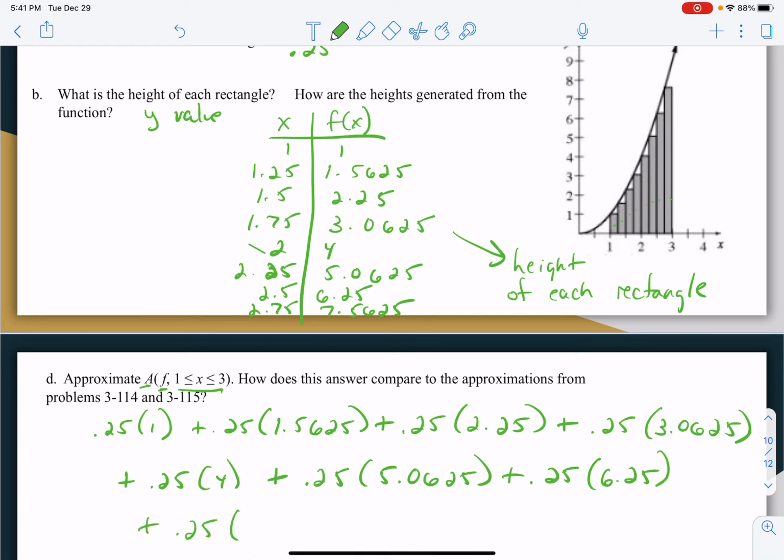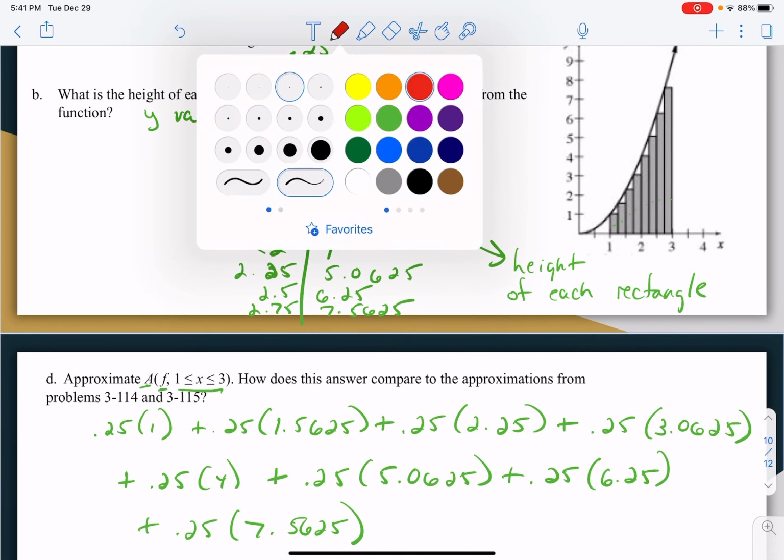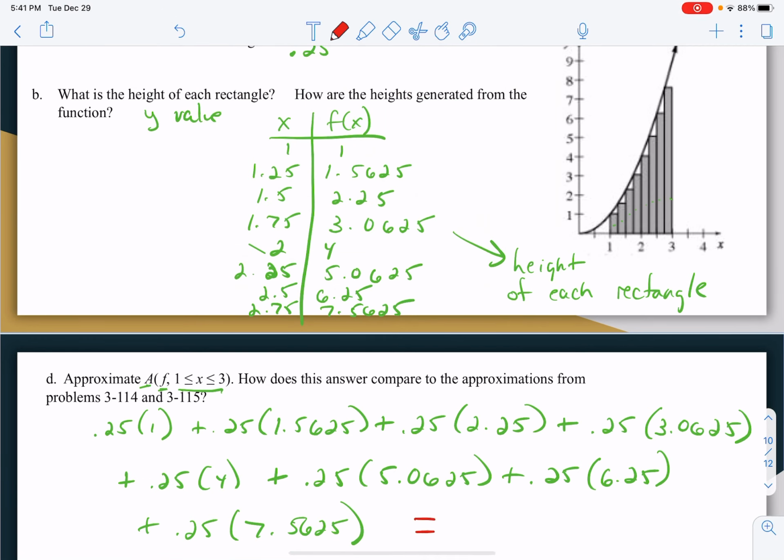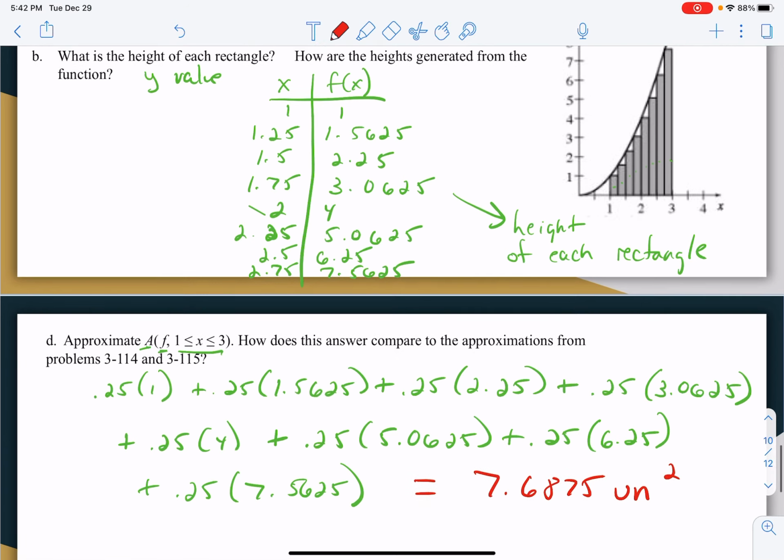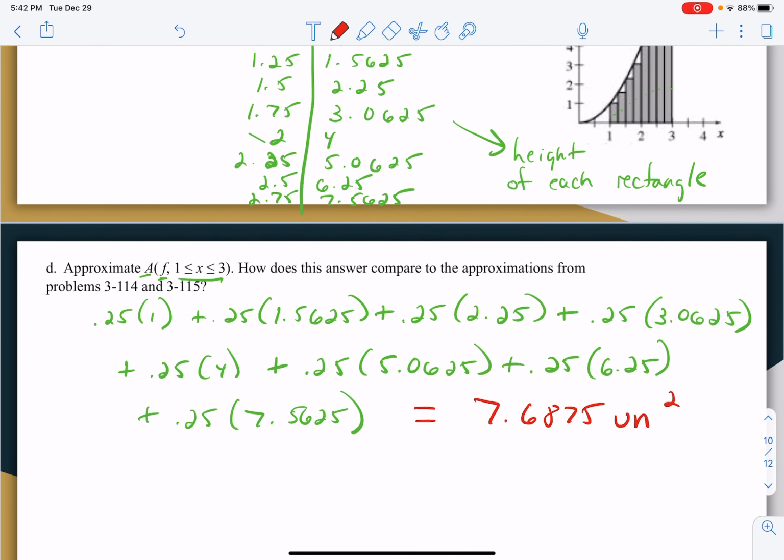I have a sum of areas which add up to be 7.6875 square units, which is a closer approximation of that area under the curve.